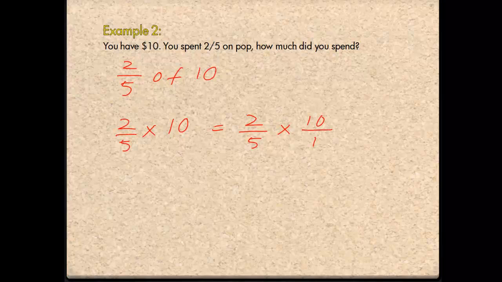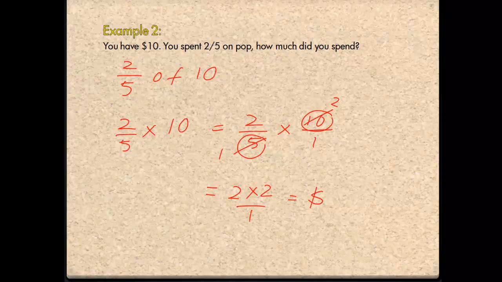So like our previous example, we're going to reduce the top and the bottom. The 5 and the 10 are both divisible by 5. So dividing top and bottom by 5, this reduces to 1 and this reduces to 2. So just like the previous answer, it's going to be 2 times 2 over 1, which is just $4. Meaning that out of a total of $10, you spent $4 on pop.